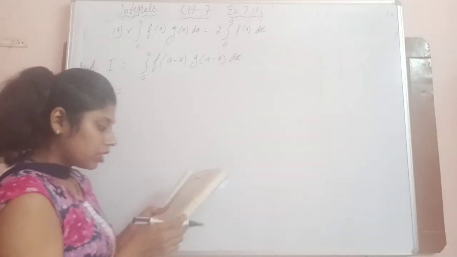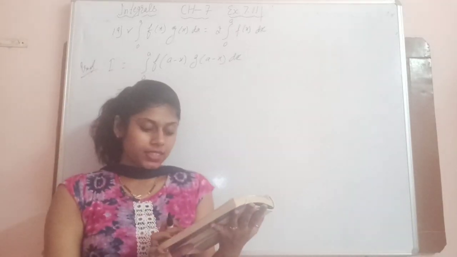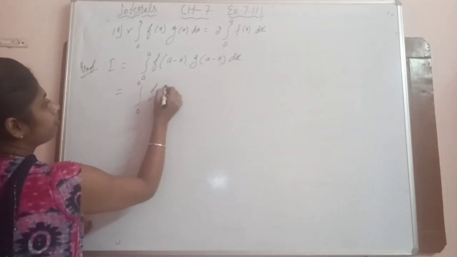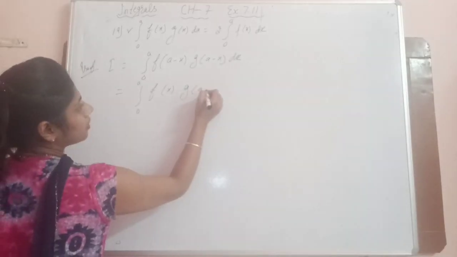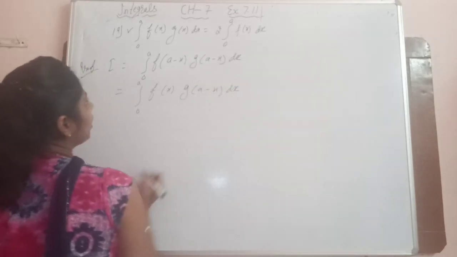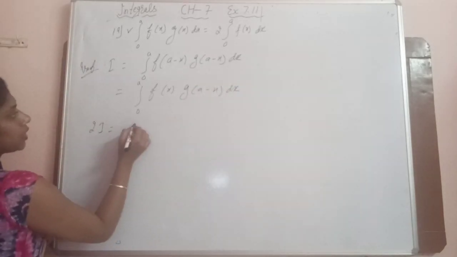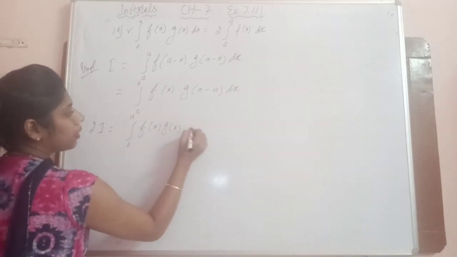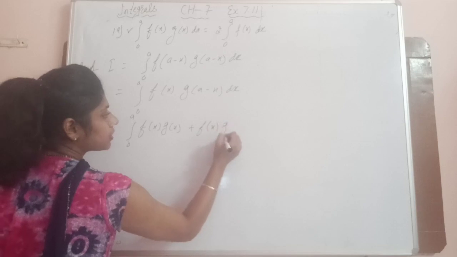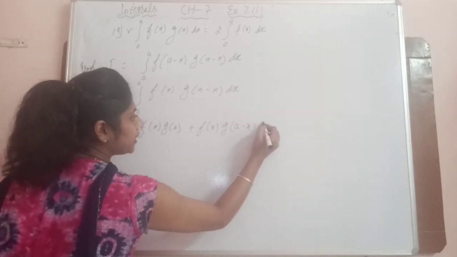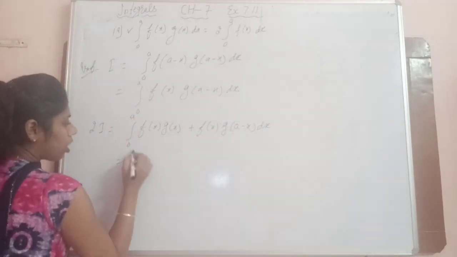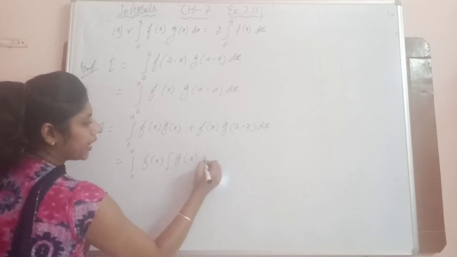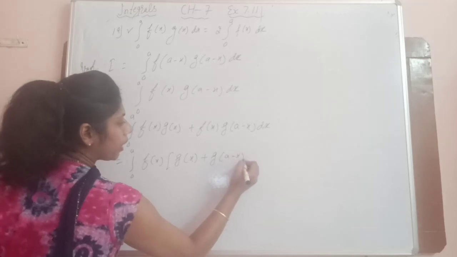Here conditions are given: f of a minus x is equal to f of x. Now add both. So 2I is equal to integral 0 to a of f(x) g(x) plus f(x) g of a minus x dx. f(x) is common, so in the bracket g(x) plus g of a minus x.